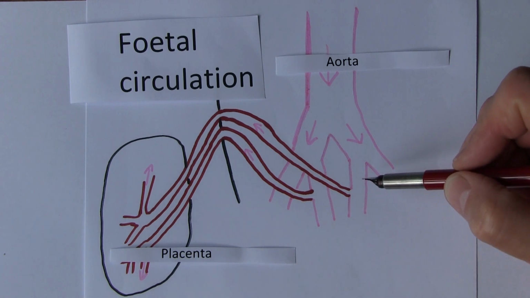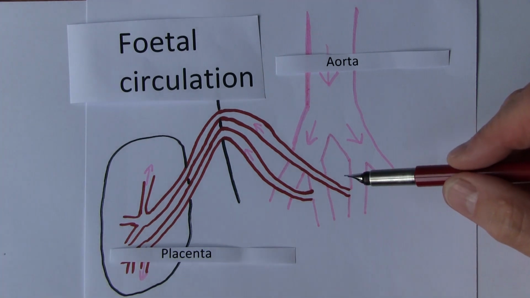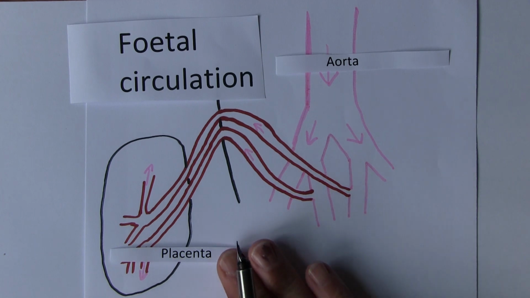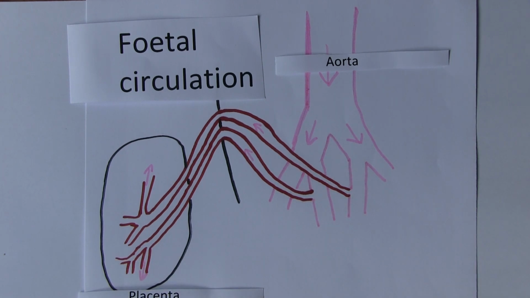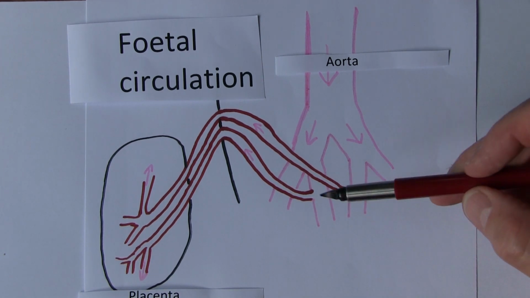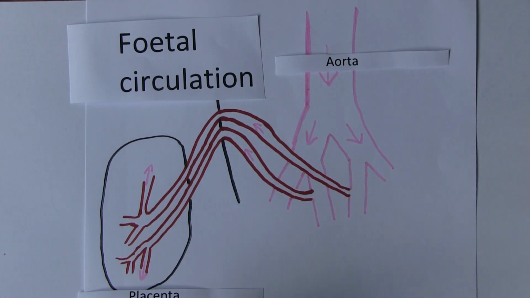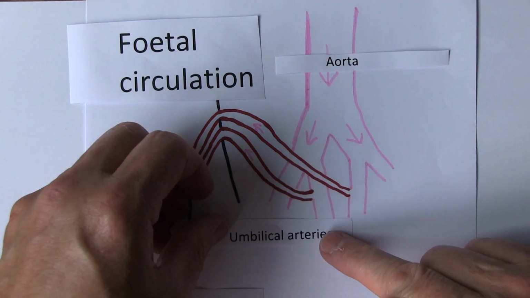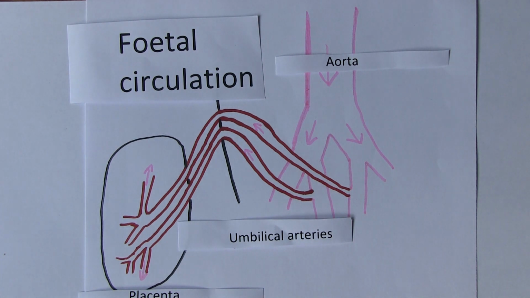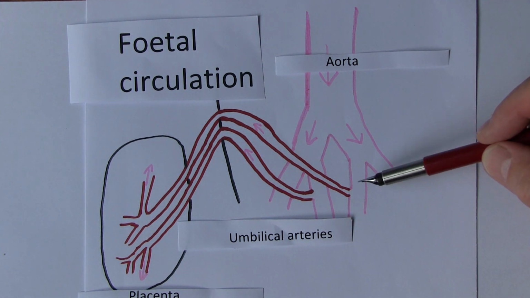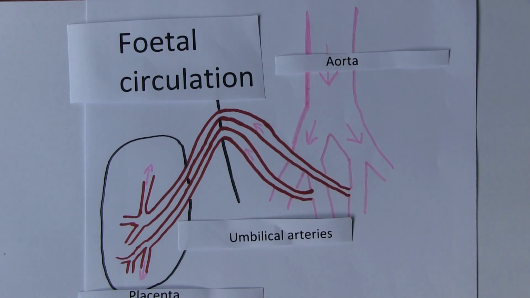And we notice that the umbilical arteries, which I've drawn here in red, going from the internal iliac arteries of the fetus to the placenta, these are the umbilical arteries drawn in red. So they're carrying blood from the fetal internal iliacs to the placenta.